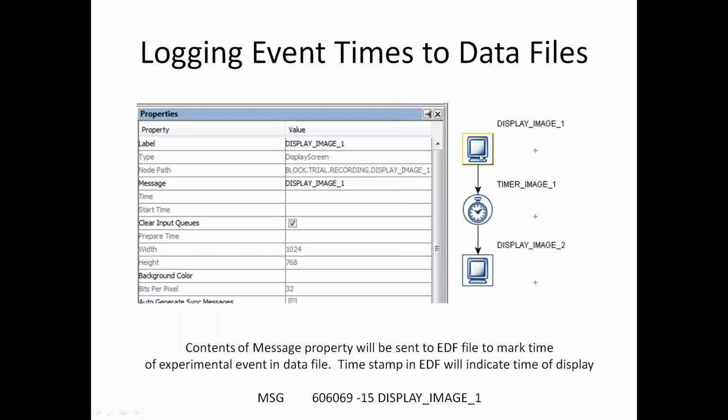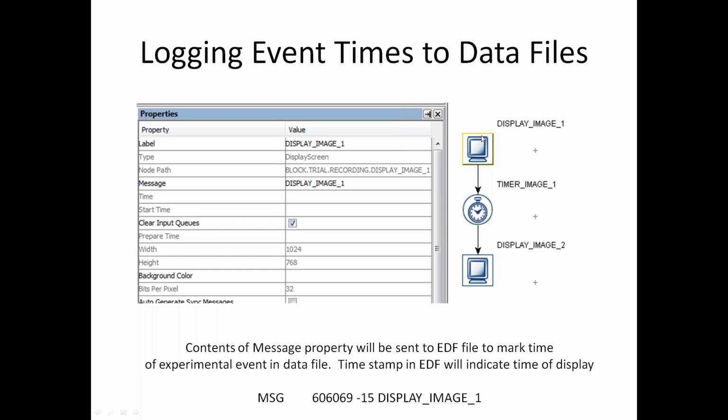Basically, all actions and triggers have a property called message, okay? And this message property, whatever you type in here, is going to be sent over the Ethernet connection between the display PC and the host PC. It's going to be sent from the display PC to the host PC to be inserted in the eye tracking data file at the time of execution of this display.